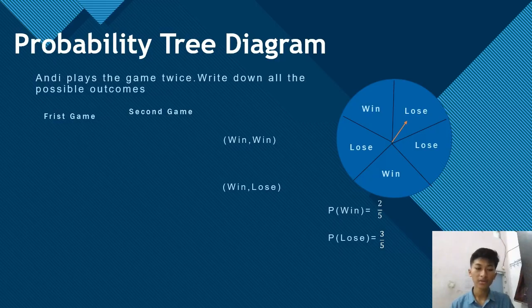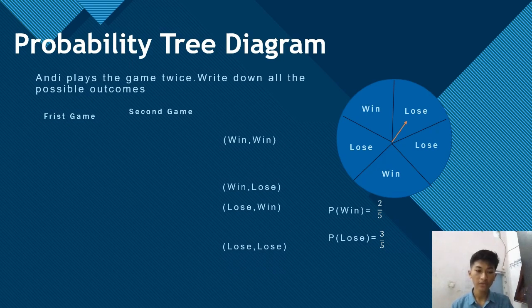Then when he loses the first game but wins the second game, that is loss, win. Finally the worst outcome for Andy is losing both games, so loss, loss.